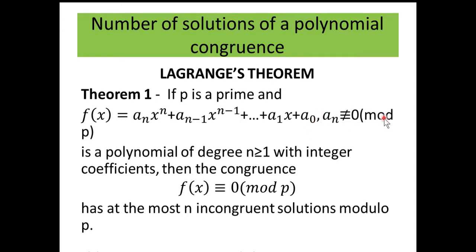So this is the polynomial congruence, which is of degree n greater than or equal to 1 and with integer coefficients. Then this congruence, f(x) congruent to 0 mod p, has at most n incongruent solutions. That means the number of solutions is at most the degree of this polynomial. So it has at most n incongruent solutions modulo p.